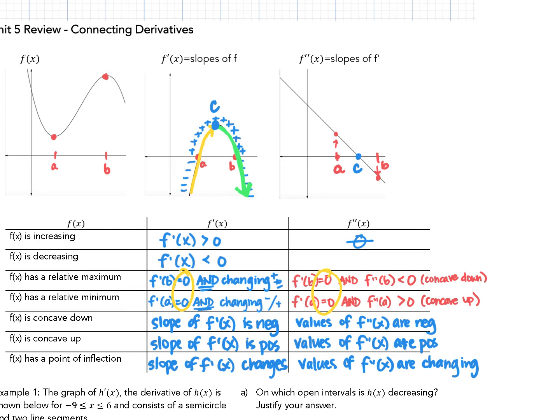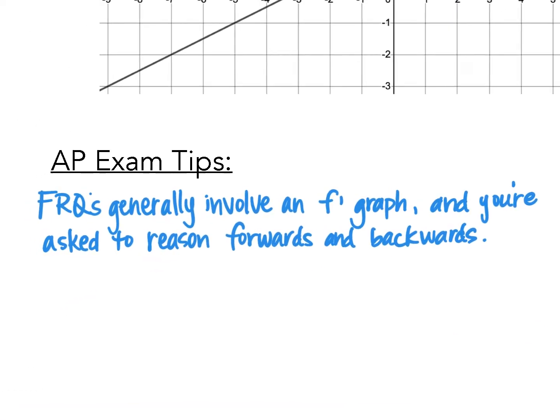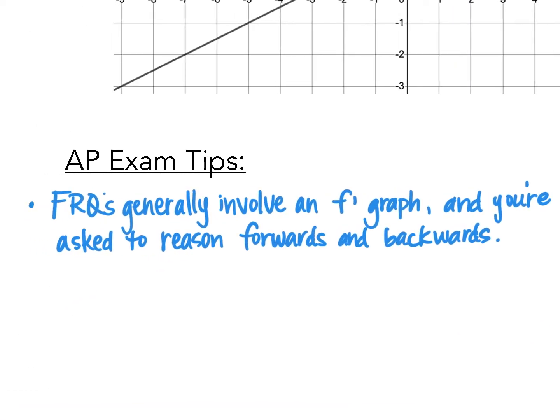Okay, Unit 4 was looking at the algebra of it and solving, making maybe a first or second derivative chart. This is looking at a graph picture and making the conclusions that way. All right, so that comes down to our second AP exam tip.